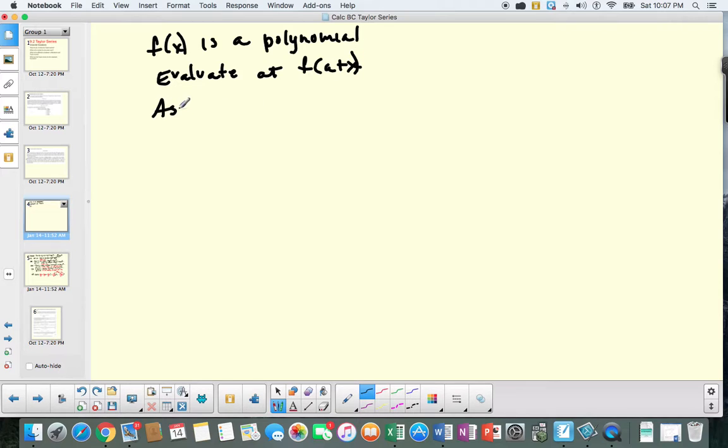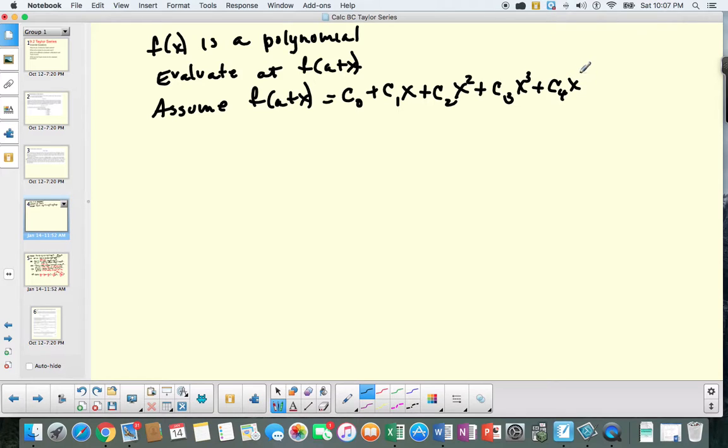I'm going to assume that f of a plus x can be written as a polynomial, and so on. And in summation notation, it would look like this.